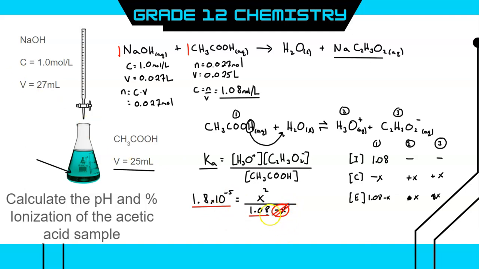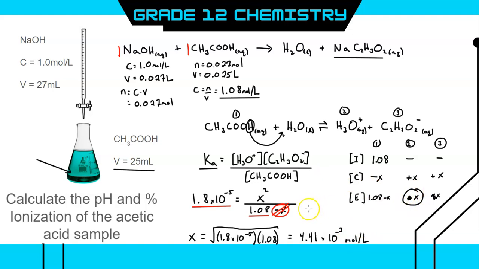So that makes this easier to solve. And we can just cross multiply and take the square root, and we get x to be the square root of 1.8 times 10 to the minus 5 times 1.08, which is 4.41 times 10 to the minus 3 moles per liter.